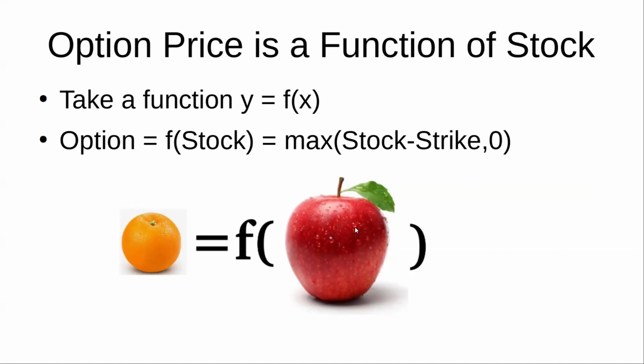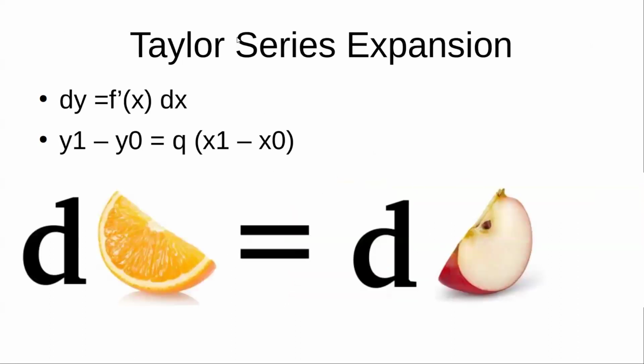and obviously during the lifetime of the option, it will also be a function. Honestly, we don't know at this point what it is, but we know that it is a function. So we know orange is a function of apple, or option is a function of stock. And what next? Well, we use Taylor series expansion, which says the following.